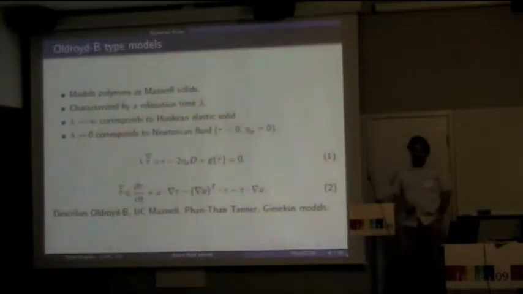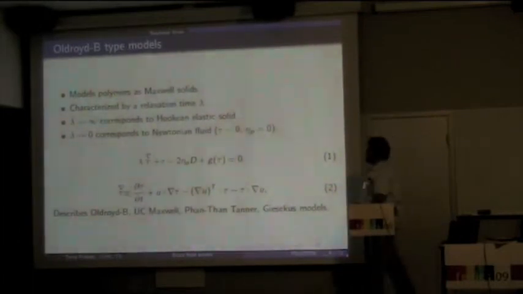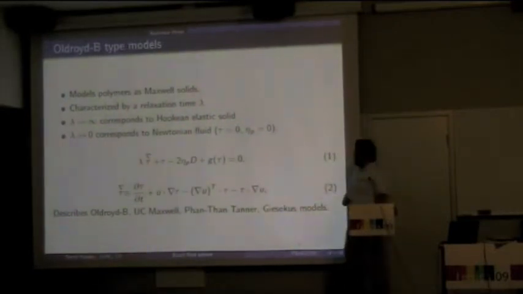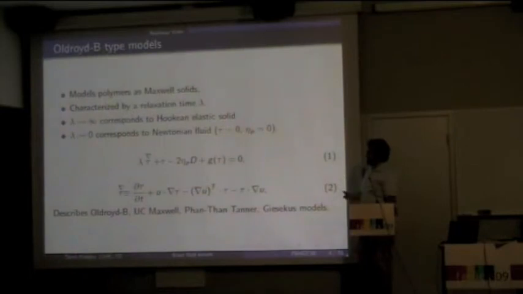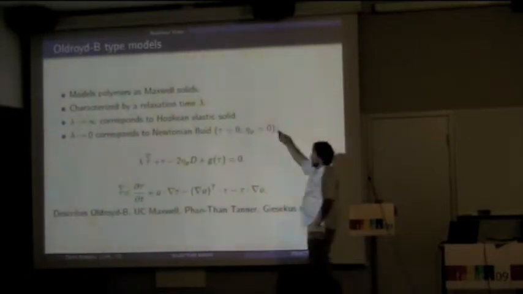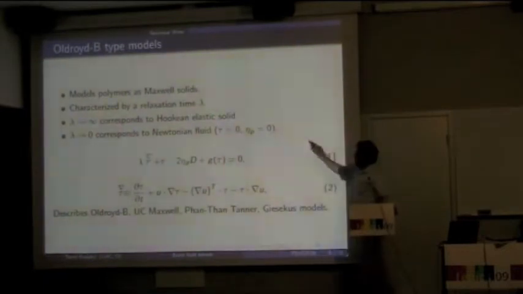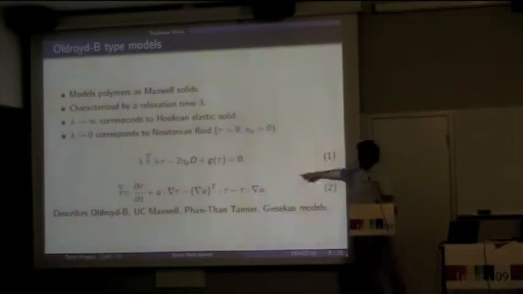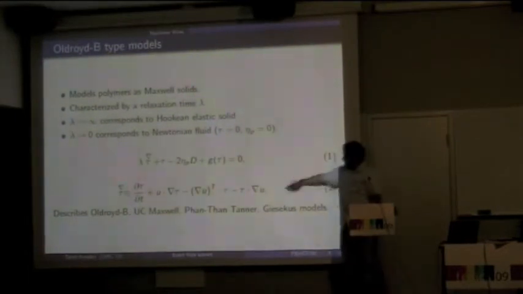So just to start out with the Oldroyd B model, I realize that some people might not be familiar with it. More or less, it's just a model based upon polymers that you use as Maxwell solids, and basically you have a Hookean elastic or a Newtonian flow based upon this parameter lambda. And you generate a constitutive equation that looks roughly like this. This is a formulation from Bayesian's.